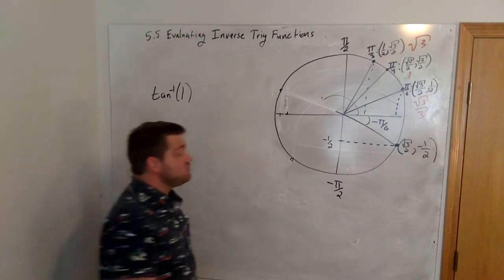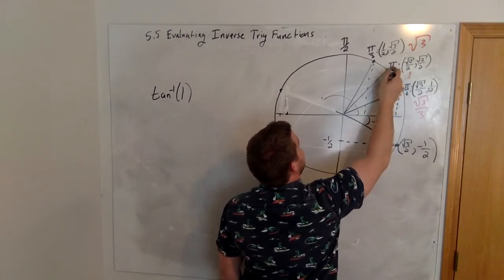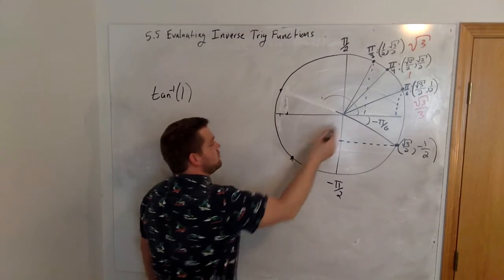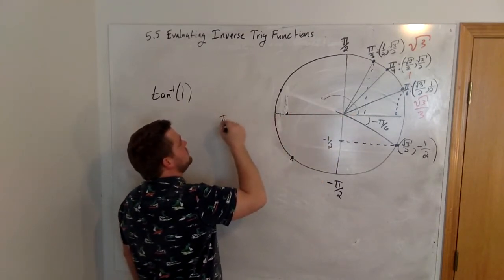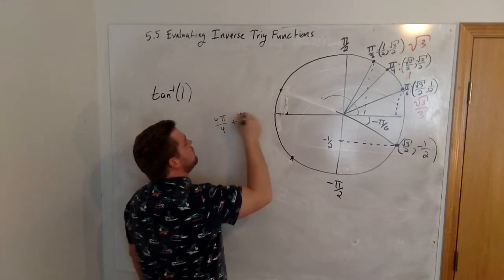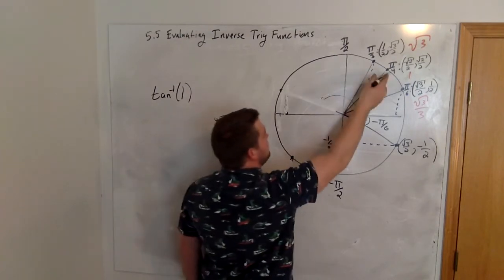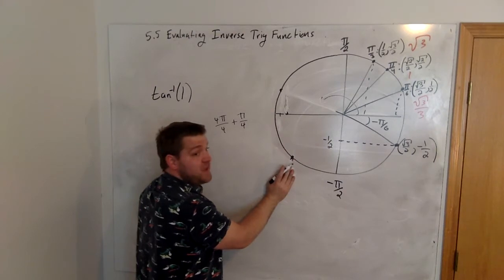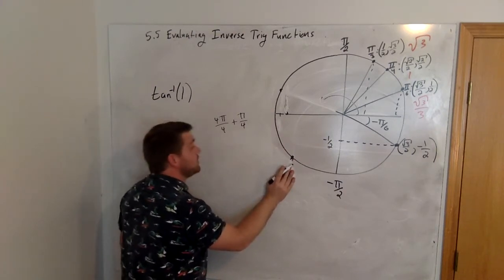Well, there are actually two locations. The location right here will give us a tangent of 1, but also this location over here. What would this be? This would be pi, let's do 4 pi over 4 plus another pi over 4. So this is 5 pi over 4. So pi over 4 and 5 pi over 4 are two angles that give tangent an output of 1.